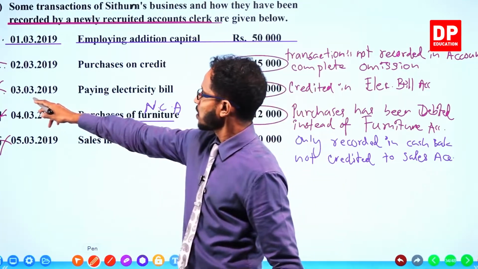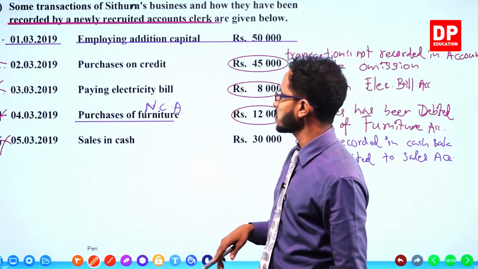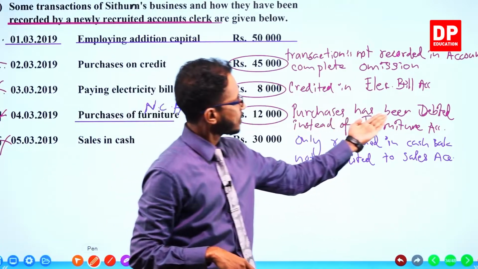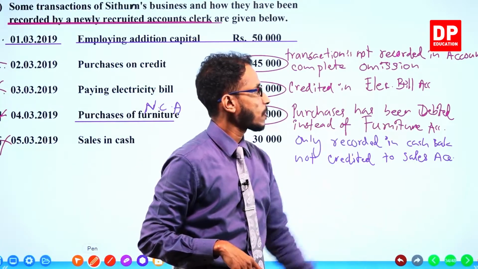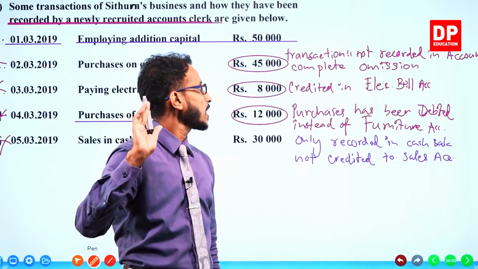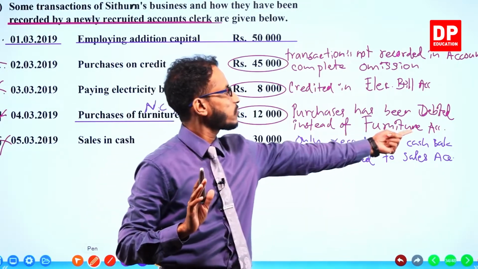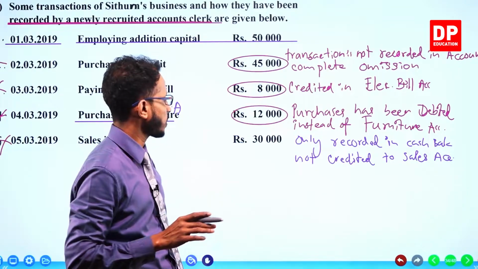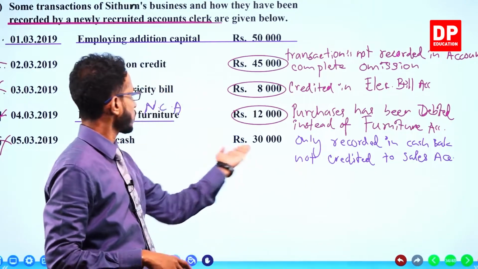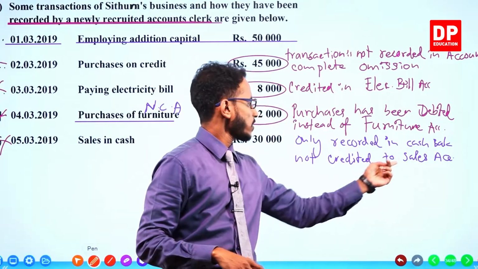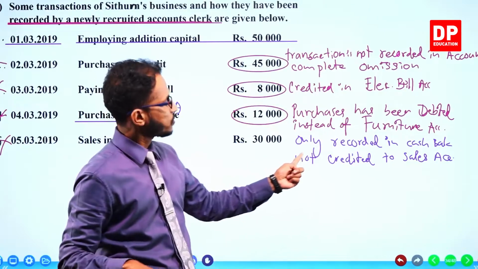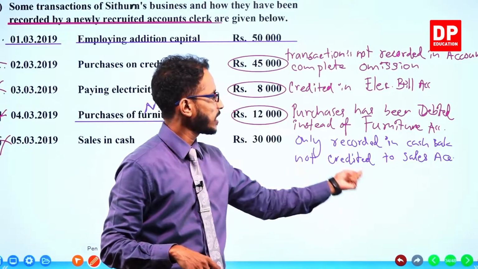Next one is this one. Fourth one. Purchases of non-current asset furniture. What is the error? Purchases has been debited instead of furniture account. You have to write like this. Purchasing of furniture has been debited to purchases instead of furniture account. Okay. Next one. Last. Sales on credit. 30,000. Only recorded in cash book, not credited to sales account. You have to write only the transaction is recorded only in cash book and not in sales account.